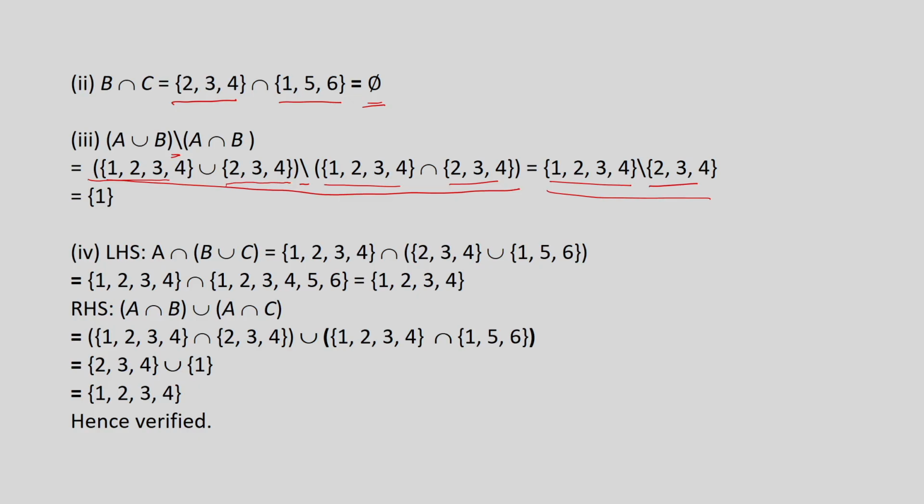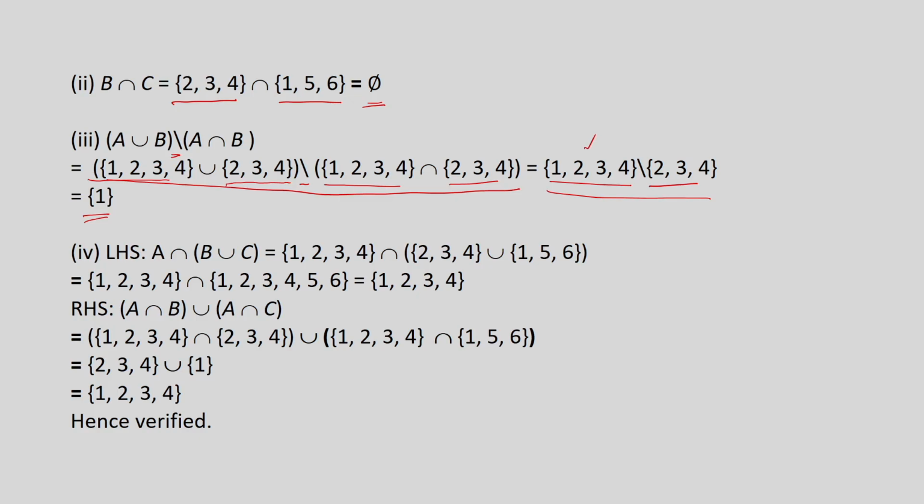Minus means we have to take out those elements in the first set which are there in the second set as well. Here 2, 3, 4 are there in the second set. So, we take them away and we get only 1, right. So, this is the answer.